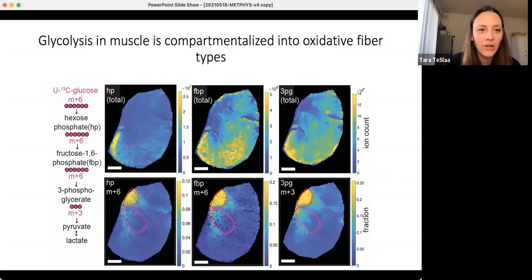And we can look at all of the glycolytic intermediates that I showed LC-MS data for, and they all show the same pattern where redder muscles seem to use glucose directly. And so we think this is a really powerful tool, and we're moving forward and looking at more tissues to identify glycolytic cell types, and also in improving our resolution so that we can get closer to single cell resolution.